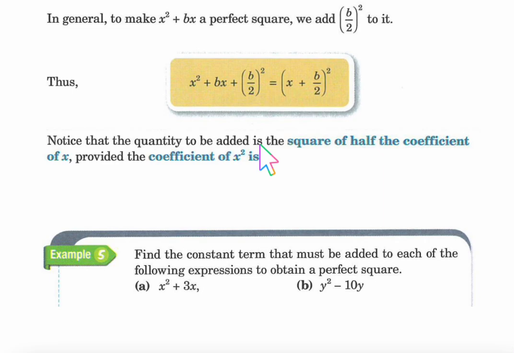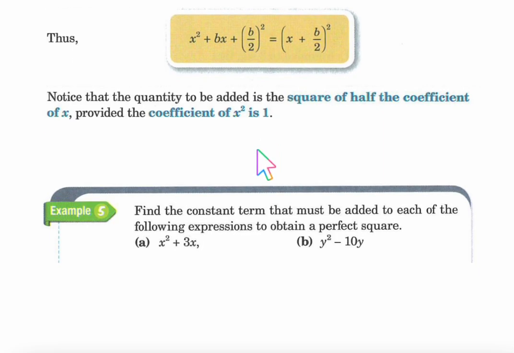So first off, we are going to practice how to find that constant term, that c value that needs to be added. Okay, so here we are finding the constant term that must be added to each of the following expressions to obtain a perfect square. Go ahead and pause the video and try it on your own first.